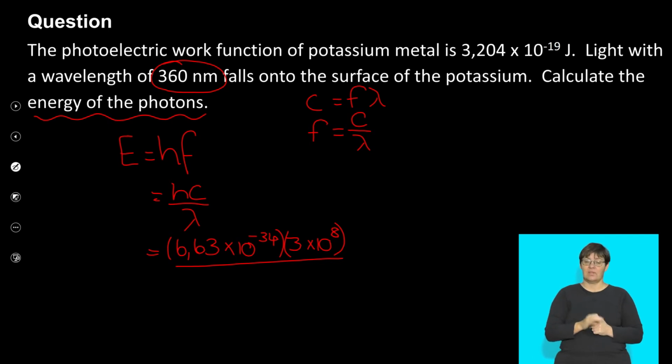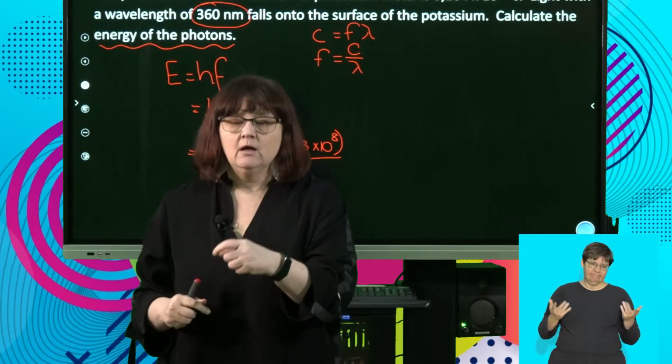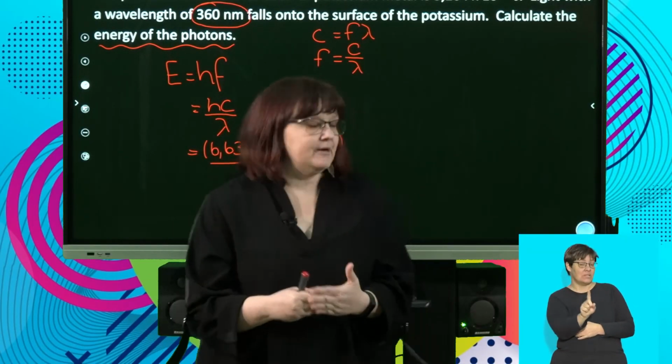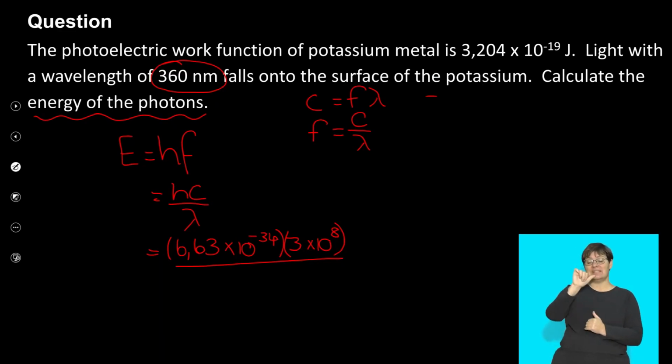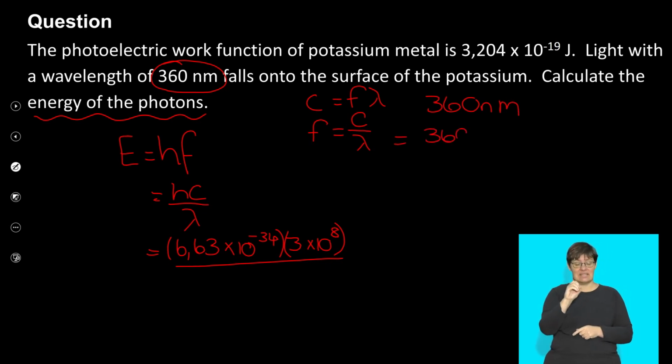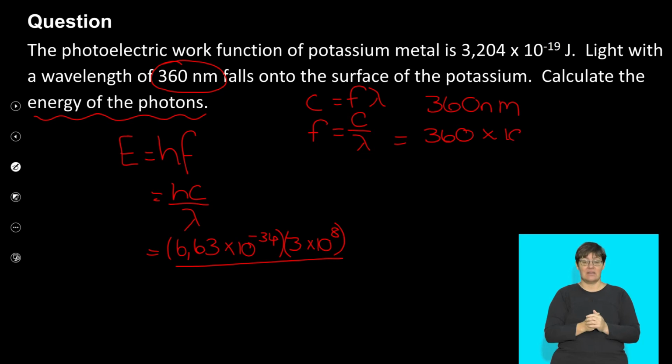Now we get to the fun part. I've got 360 nanometers. I can't work in nanometers. I have to remember that 360 nanometers is 360 times 10 to the minus 9 meters.